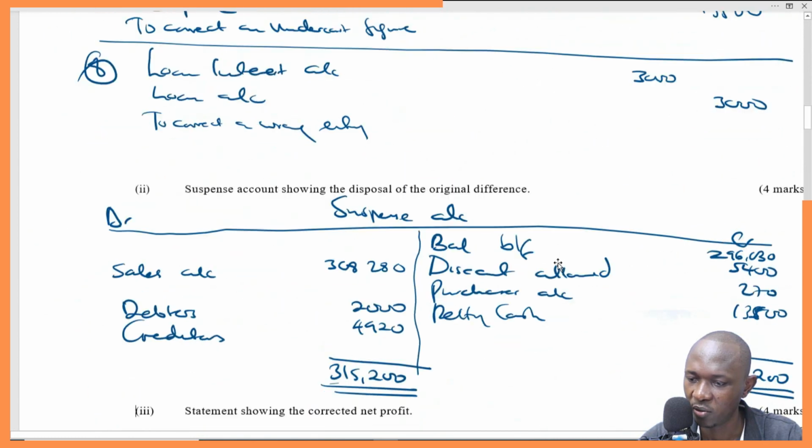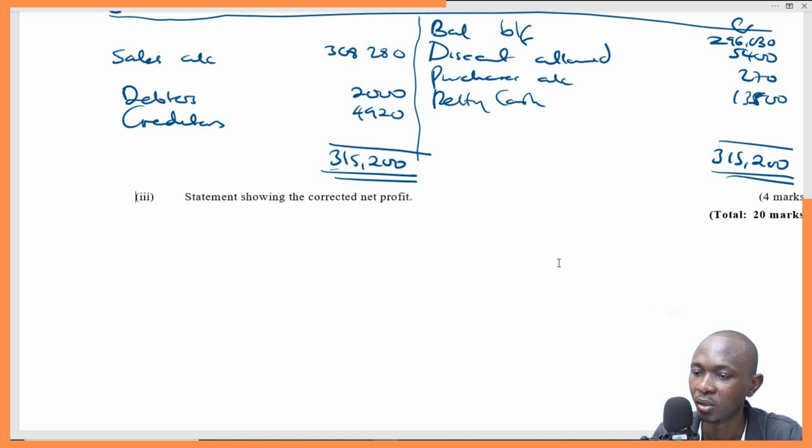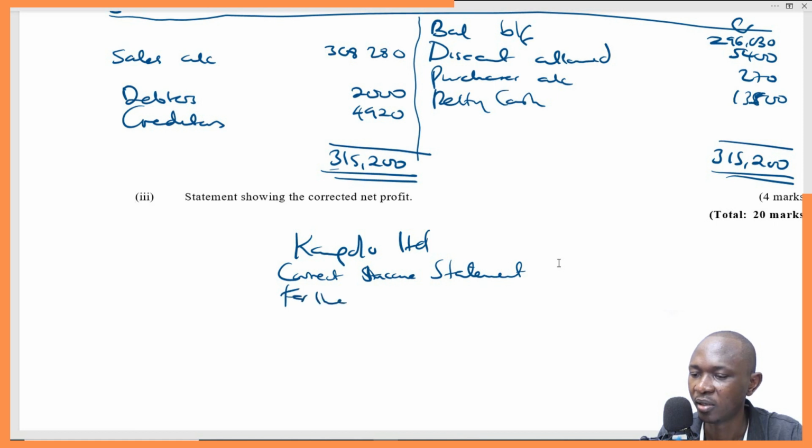In fact, that's where we are supposed to start from. Congolo Limited. Corrected income statement for the year ended 30th September.